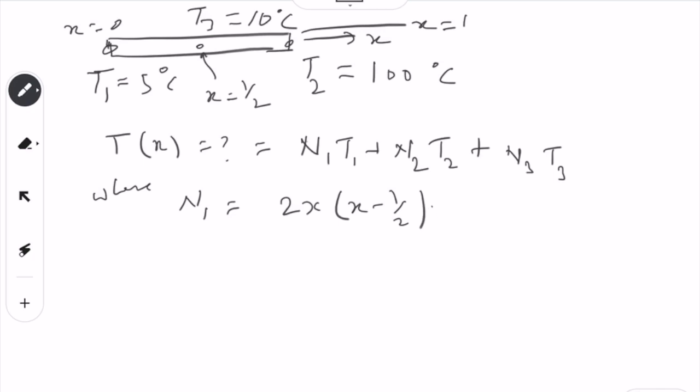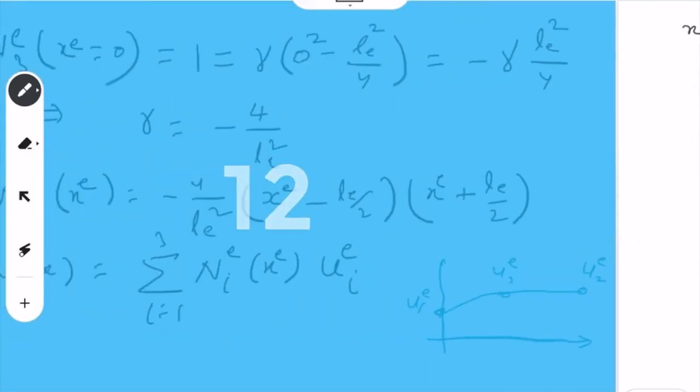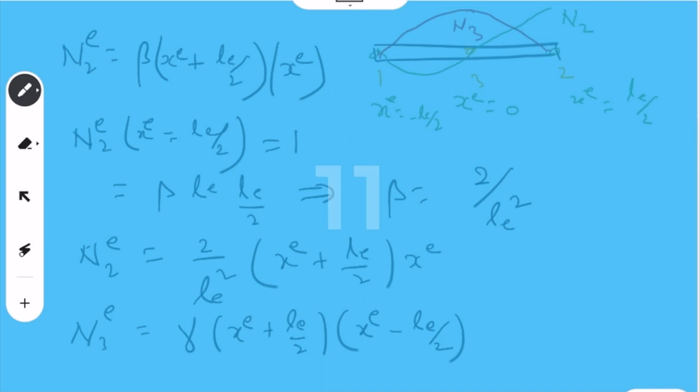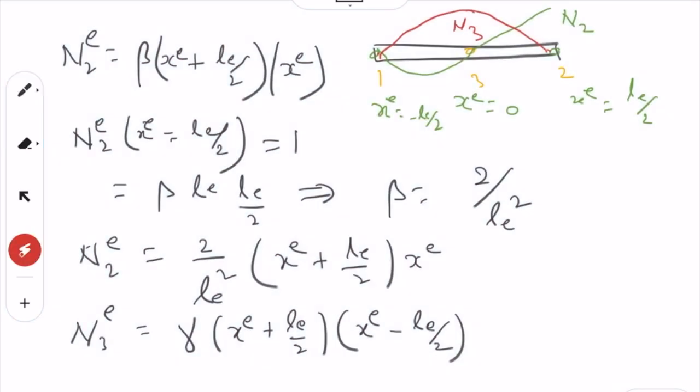And N2 will be similar, or we can check it out. So N2 is 2 over 1, and then we have x plus half.